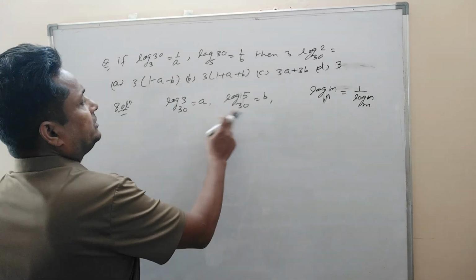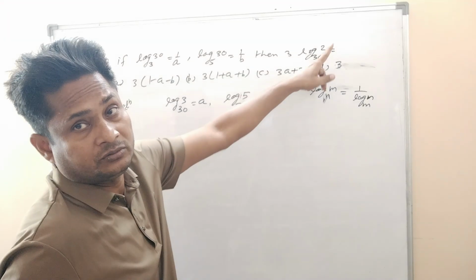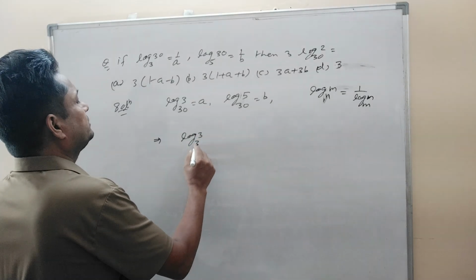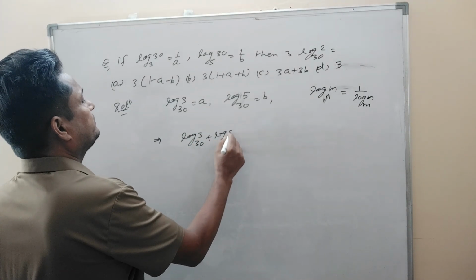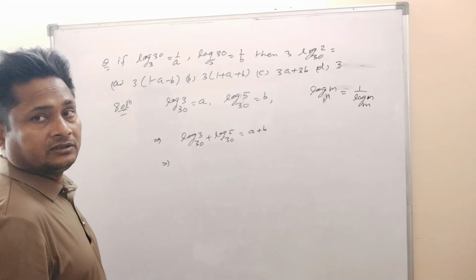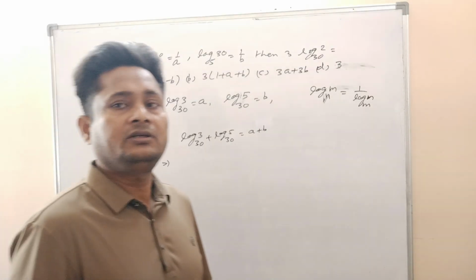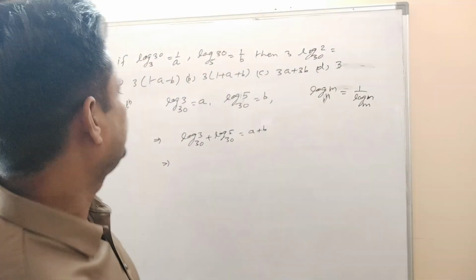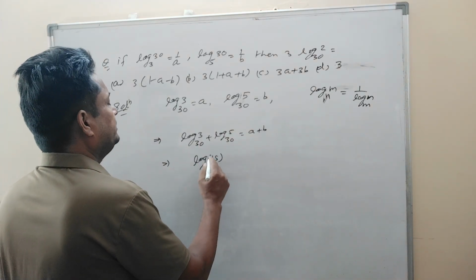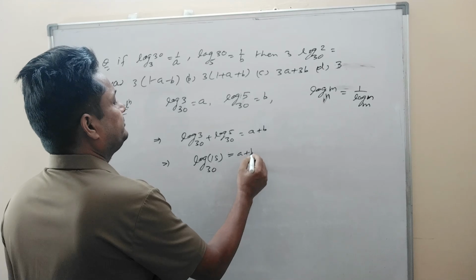Now we can add these two, because we want to get 2. So log 3 base 30 plus log of 5 base 30 is equal to a plus b. And what is the property of log m plus log n? Log m plus log n is equal to log of m into n. So use this property. Base is same, so this can be written as log 15 base 30, multiplying 3 into 5, it will be 15, is equal to a plus b.